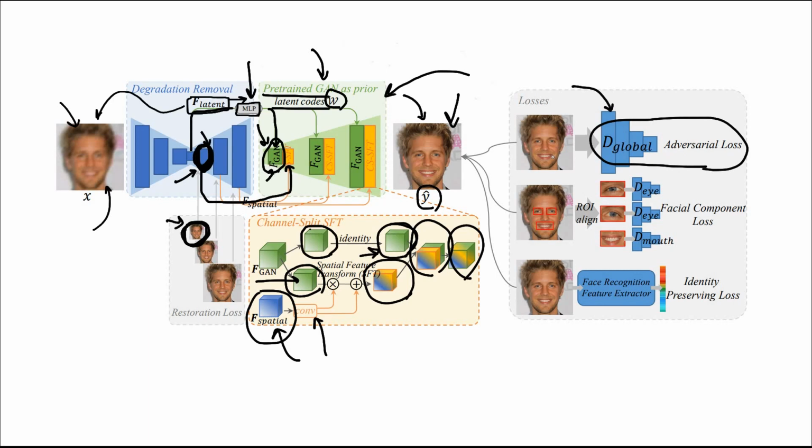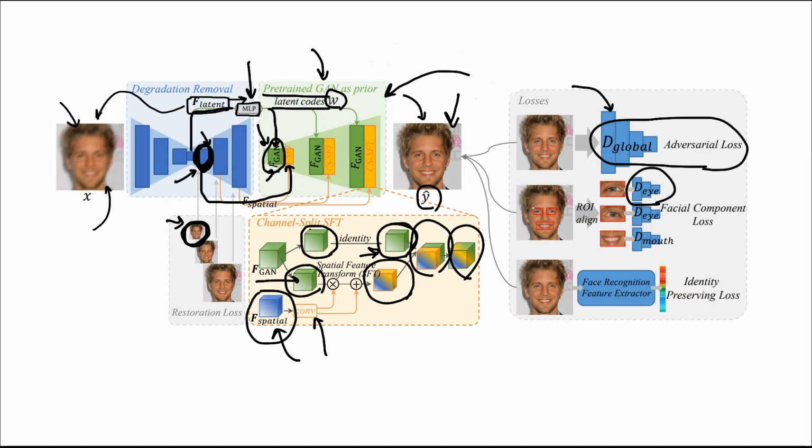Now we have also another thing. Here we have these places in our image, like the eyes and the mouth. So we have these three discriminators, each one related with a specific part.